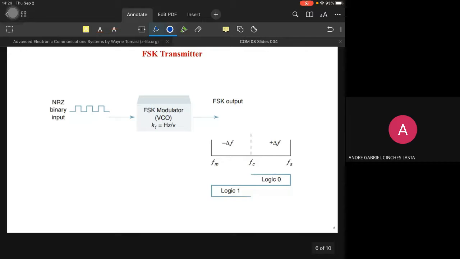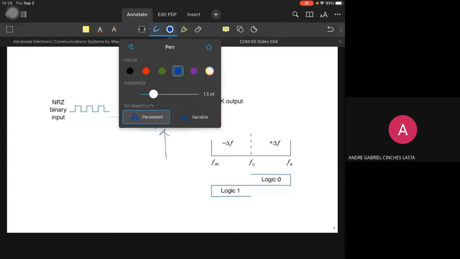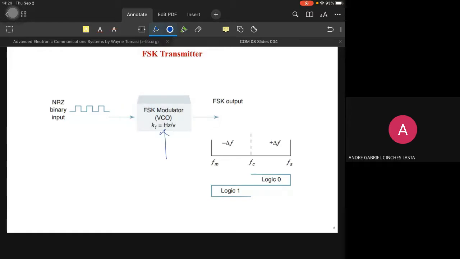So this is what the transmitter of the FSK looks like. I mentioned this earlier. It is a VCO. The FSK modulator is as if it's a voltage-controlled oscillator. The output of a voltage-controlled oscillator is an oscillation.